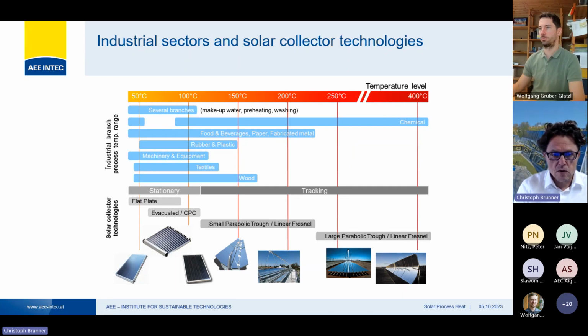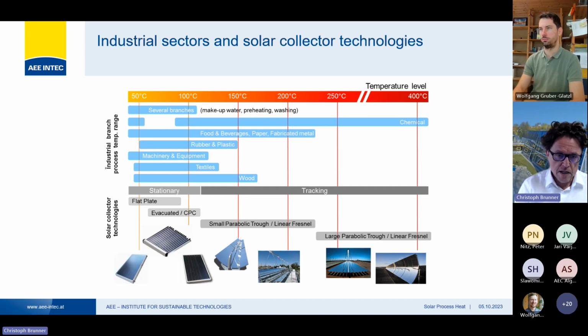Also below 100 degrees, we have several branches. You find in different industry sectors different processes which are running between 50 degrees up to 100, 120 degrees. The chemical industry needs higher temperatures from 80 up to 400 degrees.